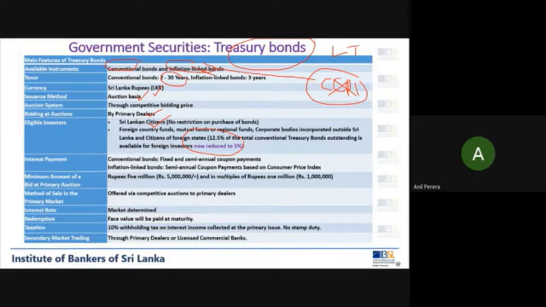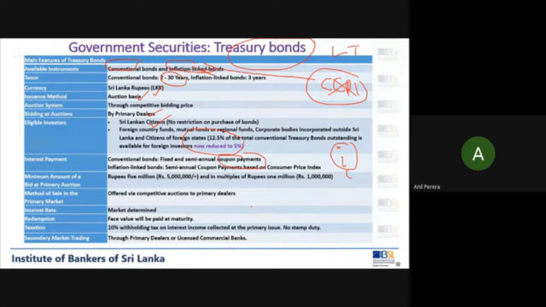And in a bond you get coupons. Remember, in a bond you have the interest rate as well as the coupon rate. So as a result, these bonds could be sold at par value, at a discount, or at a premium. That is dependent on the interest rate.